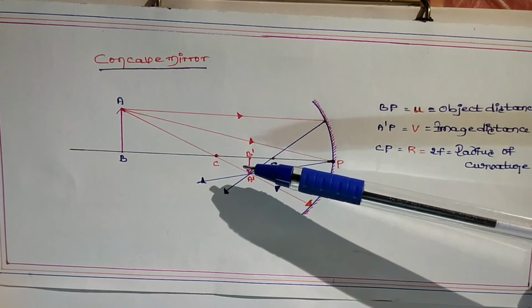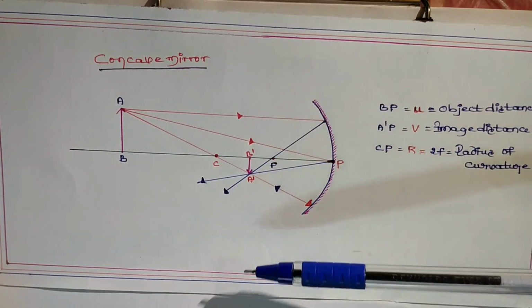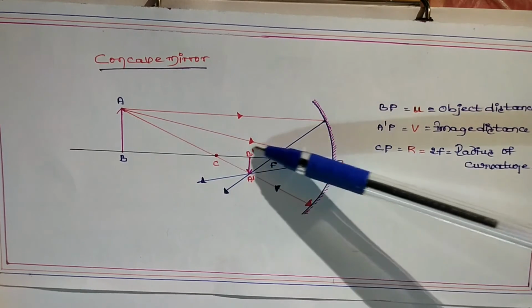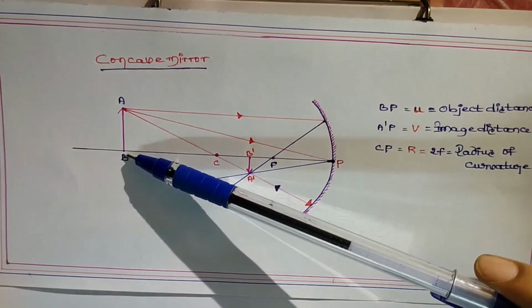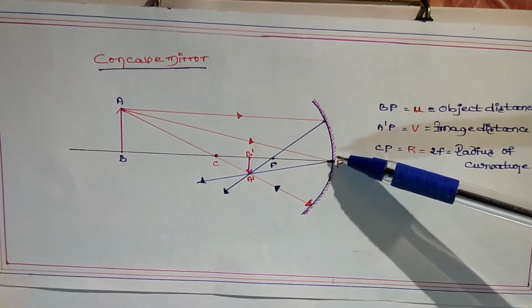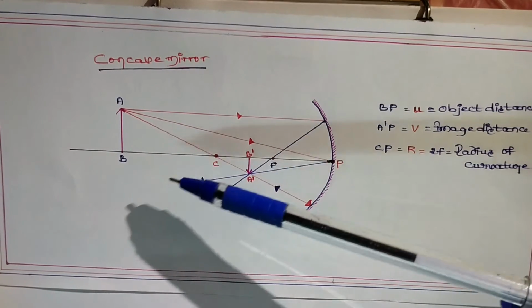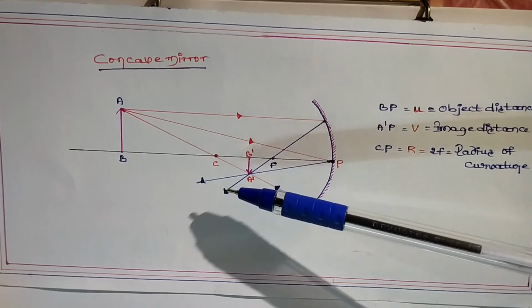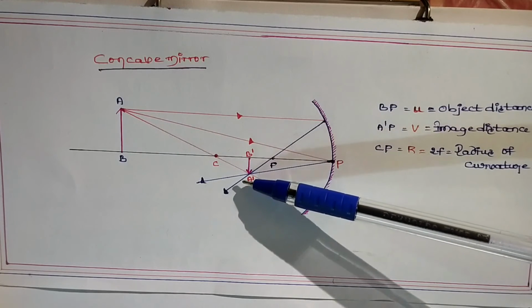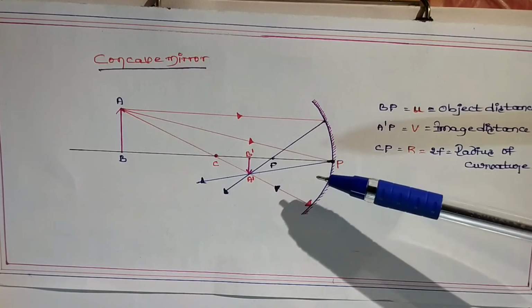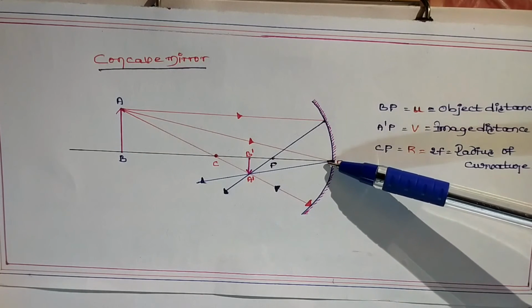And the object distance on the left from the pole, from B to P, we have to take as negative, because every distance has to be measured from the pole.